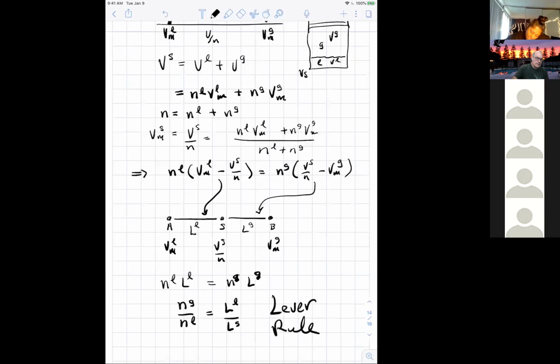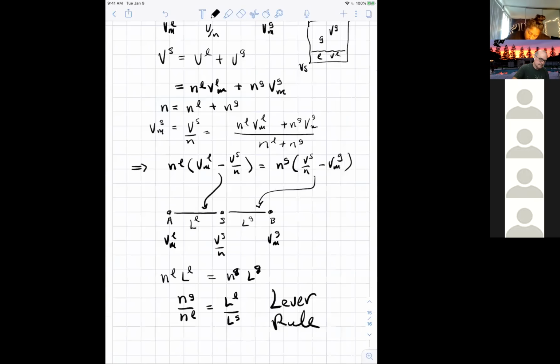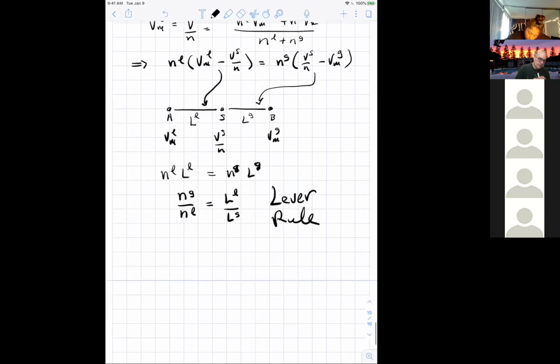So where is this going to come in handy? We will use this in many two-phase diagrams to figure out the composition.